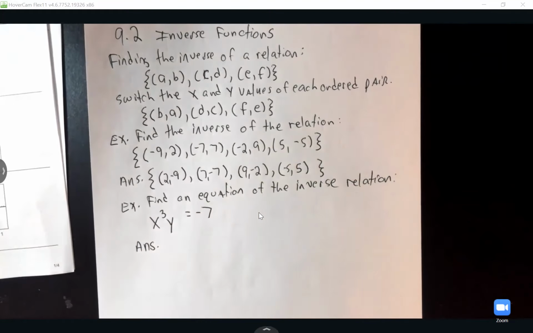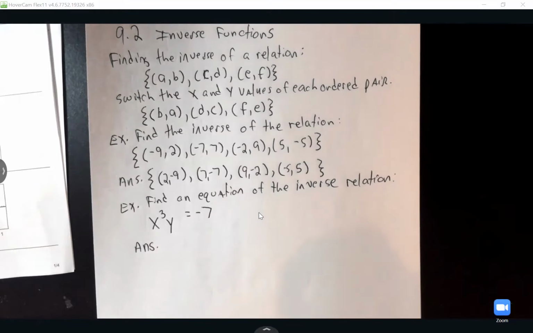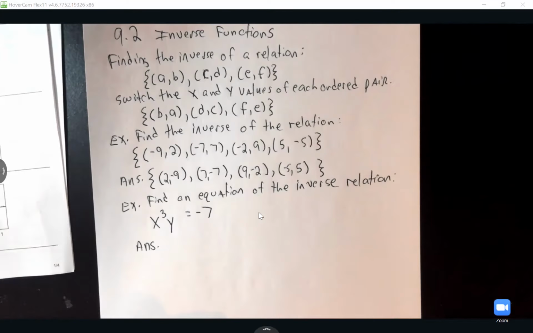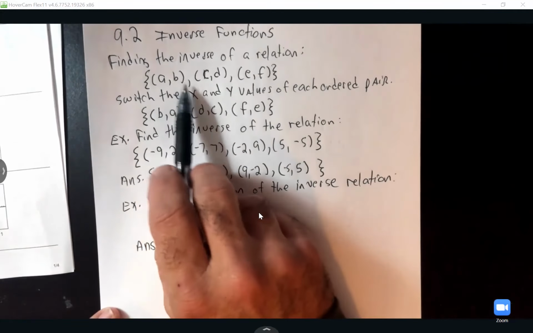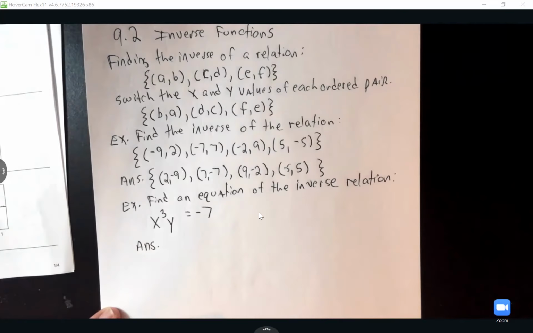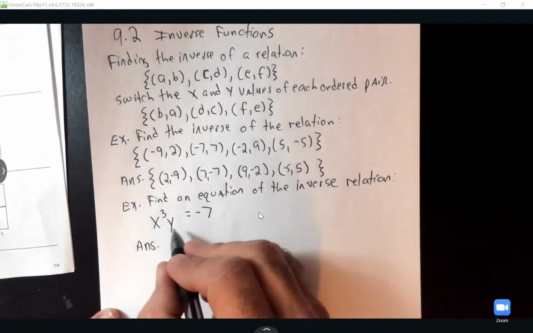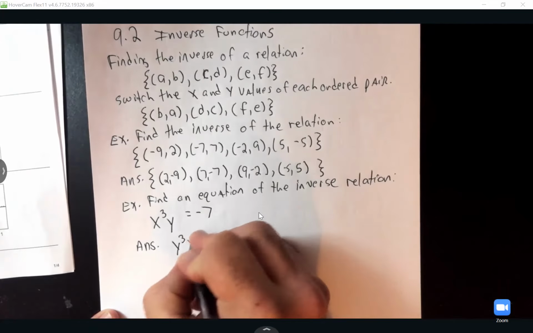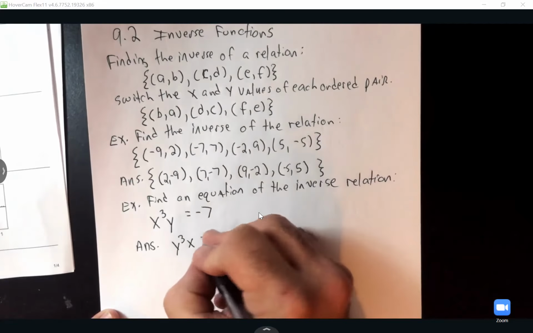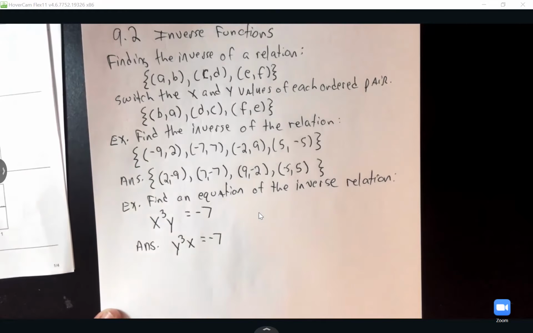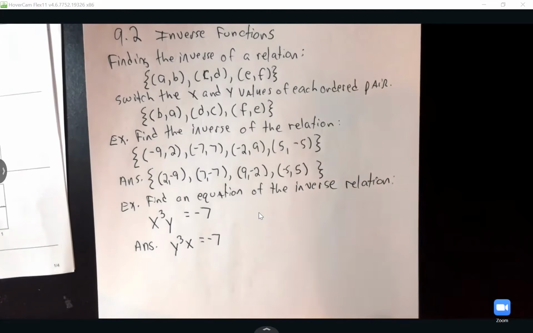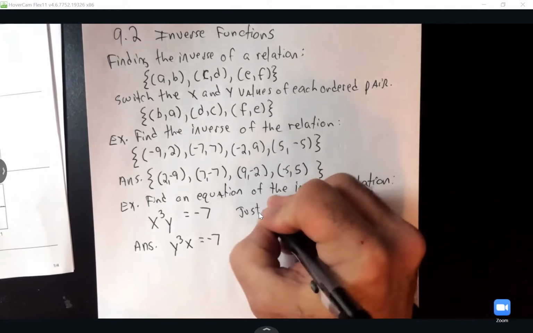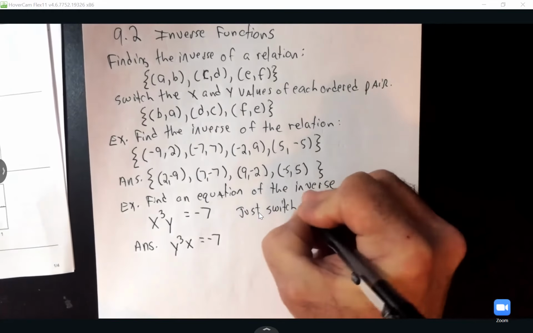Do y'all want to try that one? So y'all think, what do we do up here? All we did was what? Switch those x's and y's. So all I'm going to do is switch these x's and y's around. So that makes this a y to the third times that x equals -7. So remember, just switch the x and y.